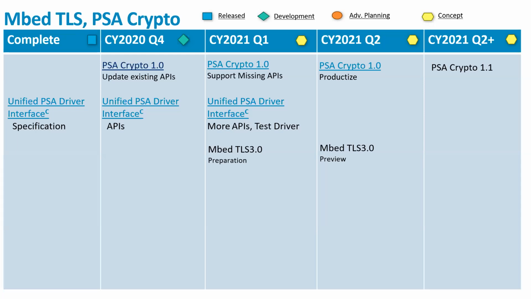And that's why I'm showing Mbed TLS 3.0 as not something we'll definitely have by the end of the first quarter of 2021. We'll definitely start putting efforts towards that while continuing these two threads. So hopefully in the first part of 2021, we'll get to a point where we can create a 3.0 preview.